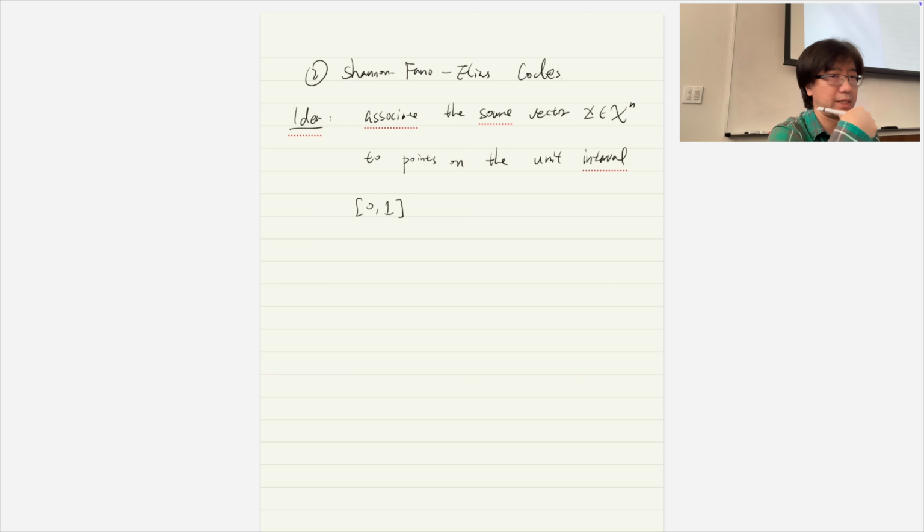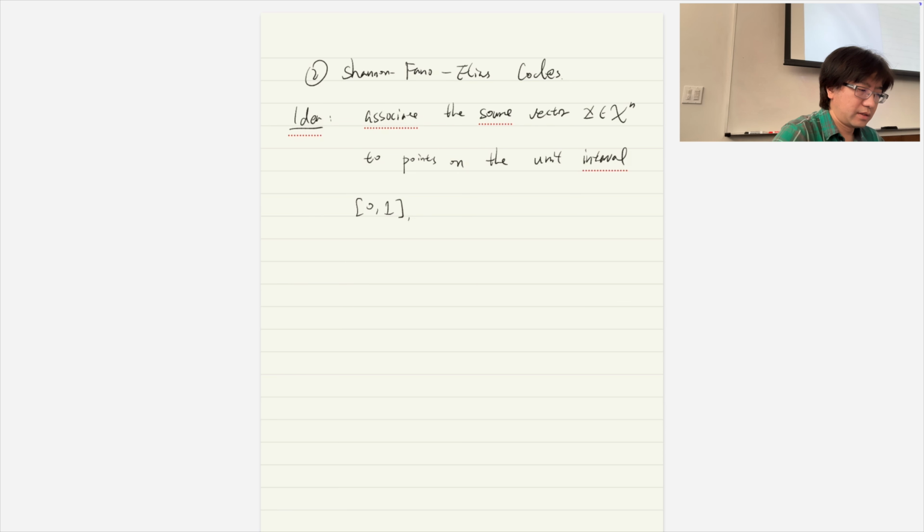Because the points between 0 and 1 are infinite, we can deal with any n here. But the point is that obviously we cannot use a real number to represent our code, because that's an infinite number of digits. Then we have to use a finite number of digits, so we have to truncate them somehow. So the key is how we can truncate them.